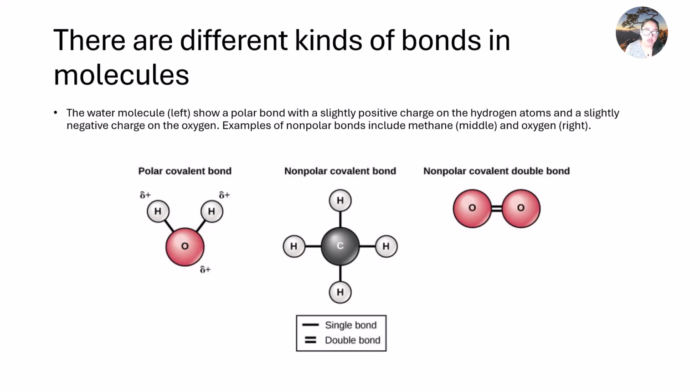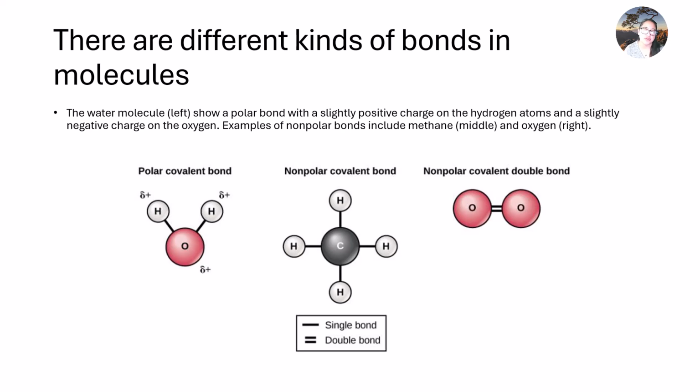If you think about the North and South Pole, they're at the most extreme ends of the planet. That's why we say the North Pole is directly opposite from the South Pole, and polar opposites is also a saying. So in polar covalent bonds, one part of the molecule will be positively charged and one part will be negatively charged.